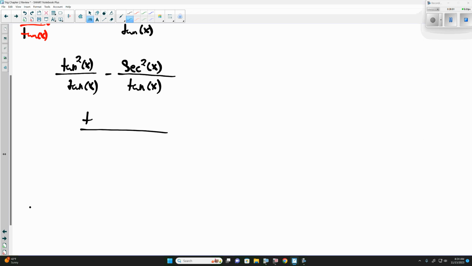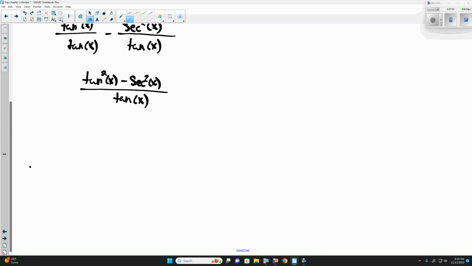Now we can subtract these two, telling us tangent squared of x minus secant squared of x over tangent of x. And as we can see here, it did not get simpler.